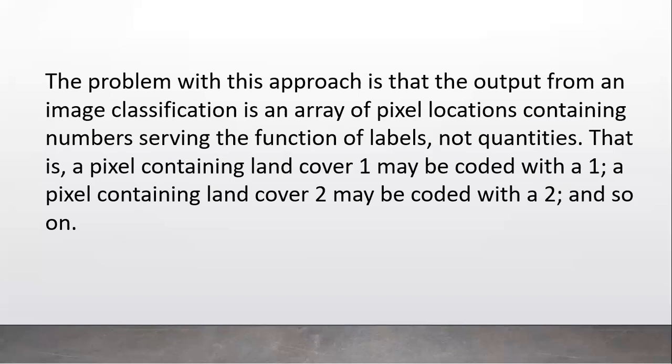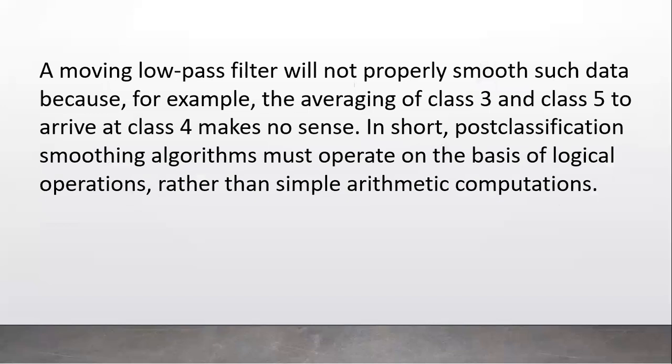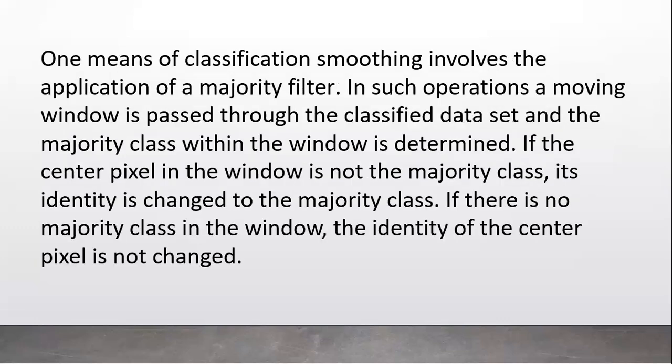That is, a pixel containing land cover 1 may be coded with A1, a pixel containing land cover 2 may be coded with A2, and so on. A moving low pass filter will not properly smooth such data because, for example, the averaging of class 3 and class 5 to arrive at class 4 makes no sense. In short, post classification smoothing algorithms must operate on the basis of logical operations rather than simple arithmetic computations.